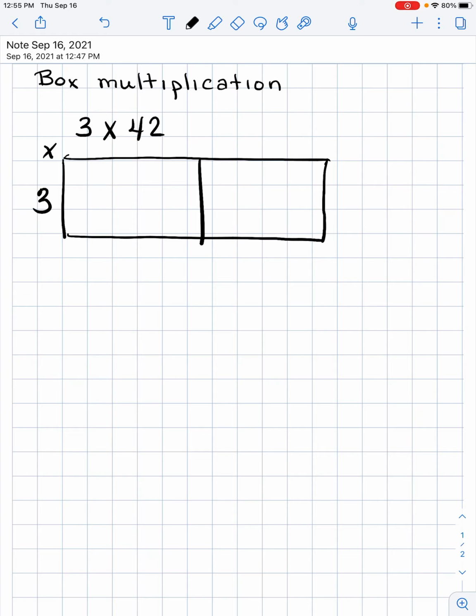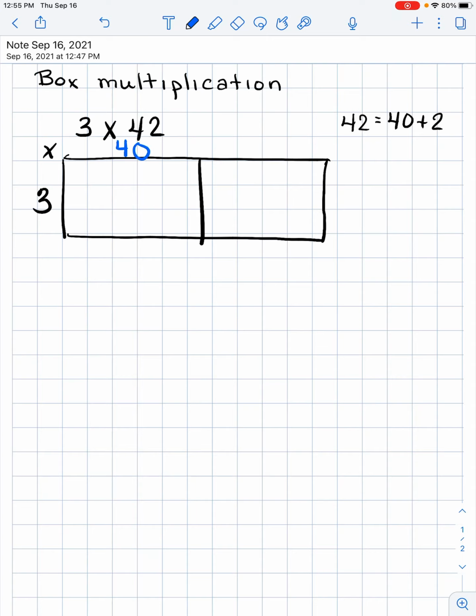We're going to take 42, and using our knowledge of place value, we should know that 42 is equal to 40 plus 2. And 40 plus 2 is our expanded form. So I'm going to put here, and since I made this way too close, I'm going to put it in a different color.